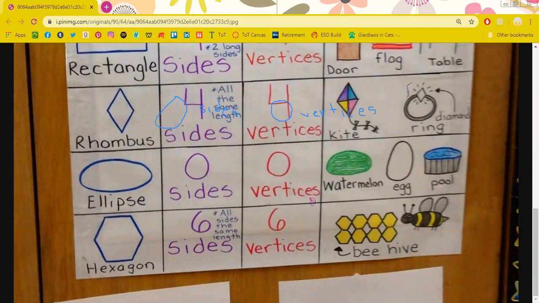So I might draw a really bad oval. But the point is that this is curvy. There's no really straight lines in here if you drew it well. If we made it really pretty like that one, there's no straight lines, there's no corners. That is just a circle with 0 sides and 0 vertices.